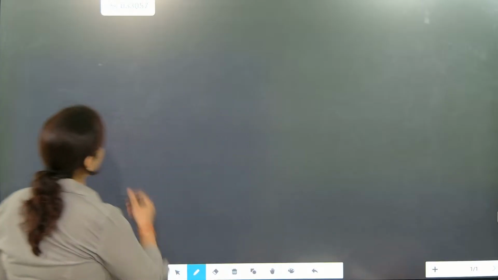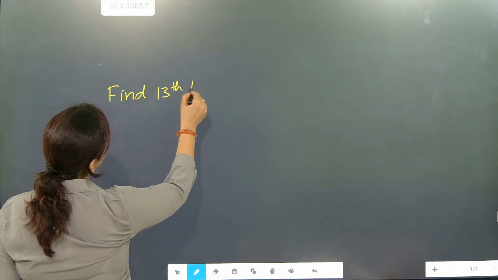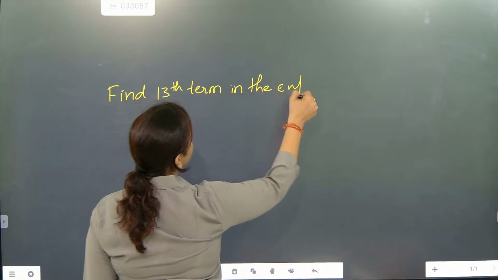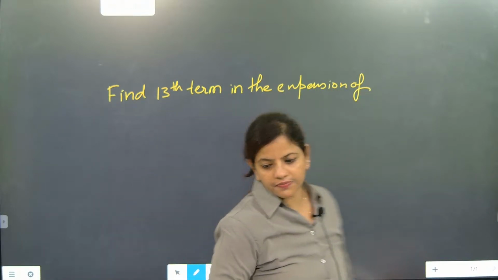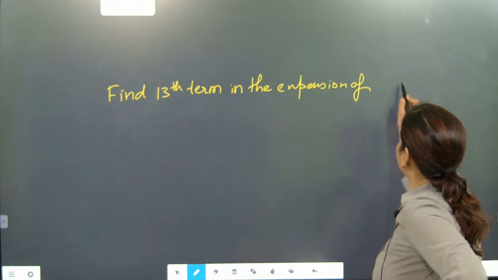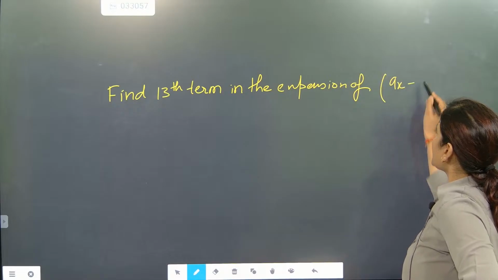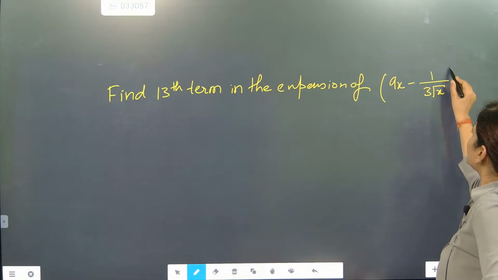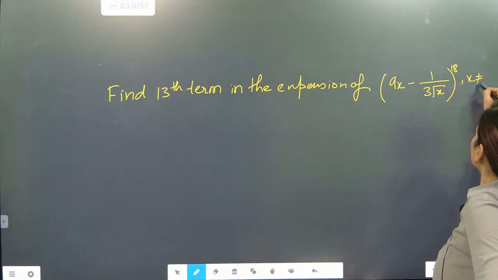Find the 13th term in the expansion of 9x minus 1 by 3 root x, to the power 18, if x is not equal to 0.